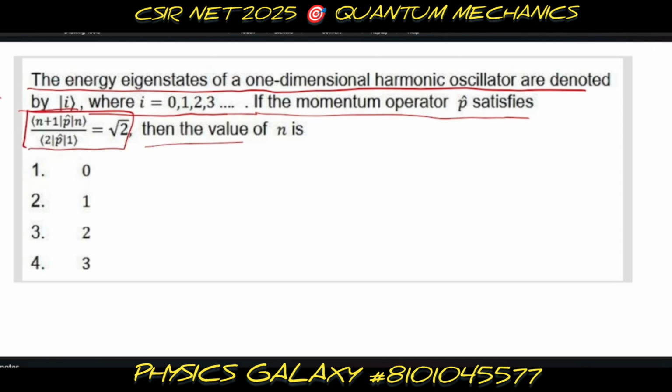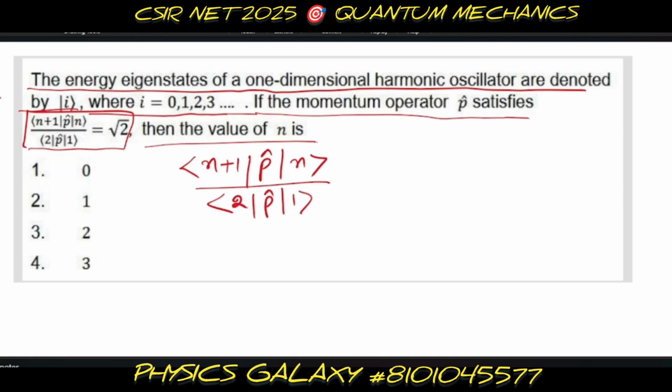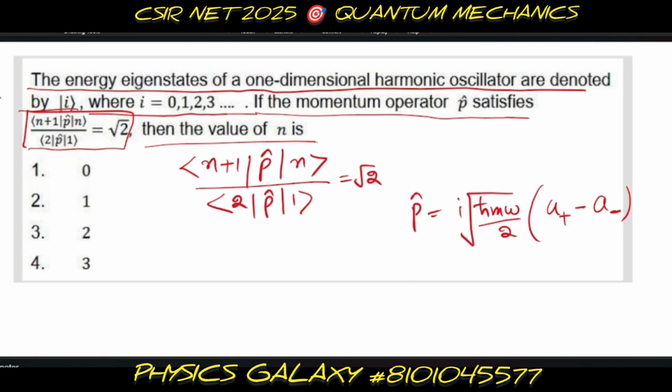So we have this condition, <n+1|P|n> divided by 2<P>_1 equals root 2. Right, and P we know is the momentum operator, we can write it as i under root of h cut m omega by 2 times (a plus, that is the raising operator, minus a minus, that's the lowering operator).